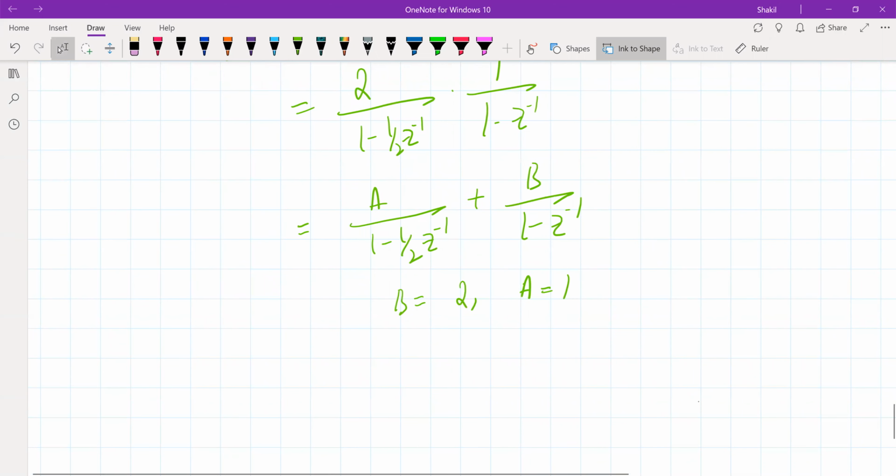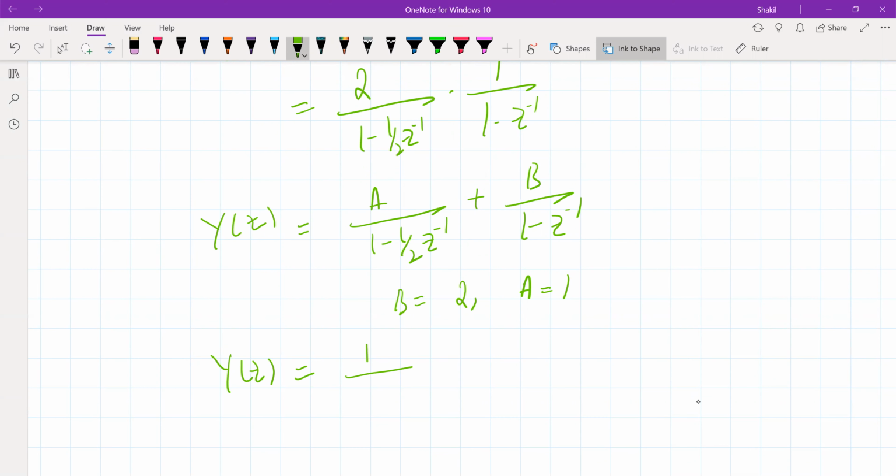Please check these values, and this will be our Y(z). Using the partial fraction method, we can get the values, I hope I'm doing it right.